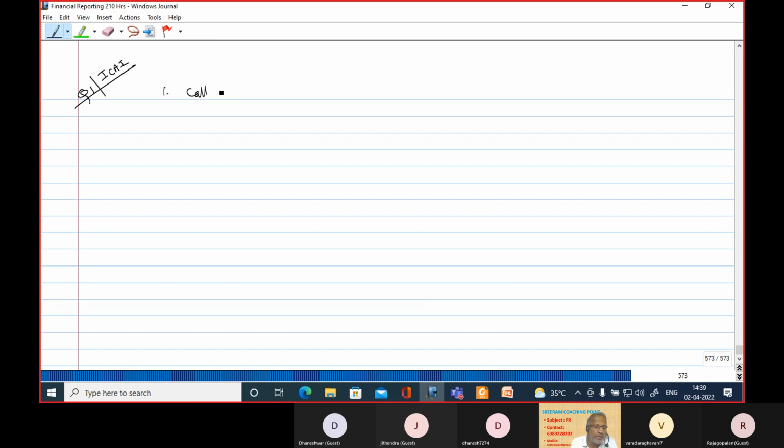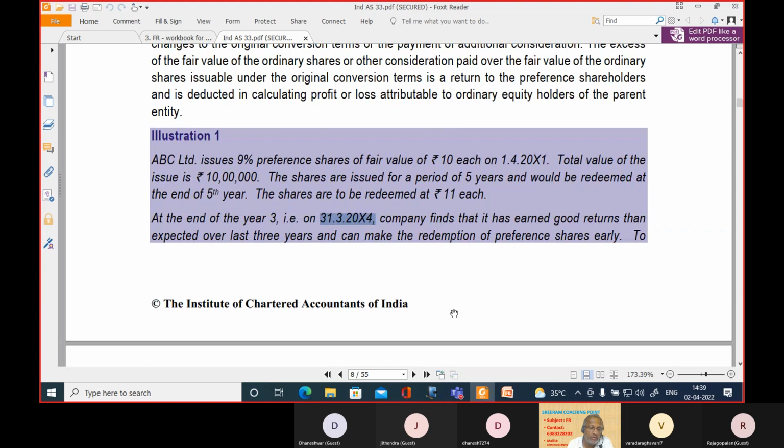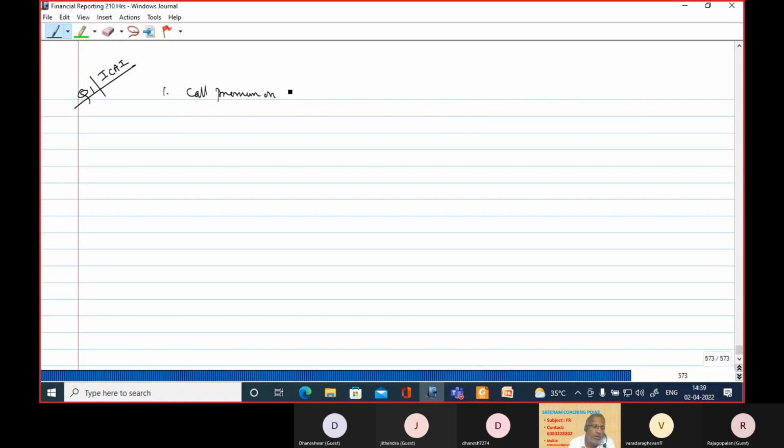So, call premium on preference shares paid after 3 years with 2 more years to redeem.